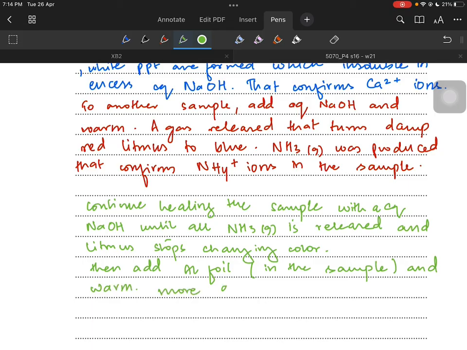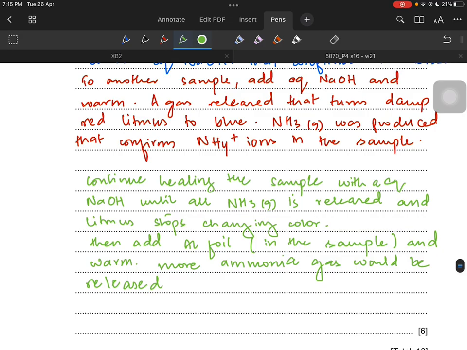More ammonia gas would be released, because this time this ammonia is coming from the nitrate, because previously all the ammonia gas was released from the ammonium ions and you had tested it, the litmus had stopped changing color. Now when you added a piece of aluminium foil and warmed it, suddenly new ammonia gas started coming out.